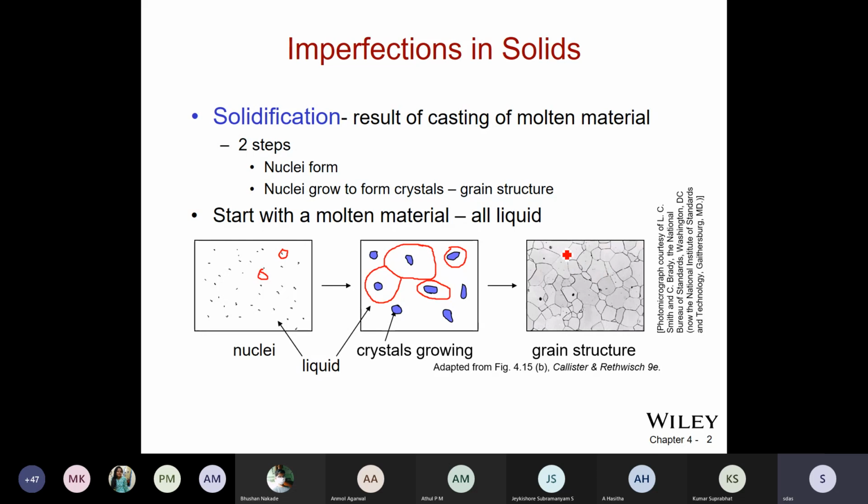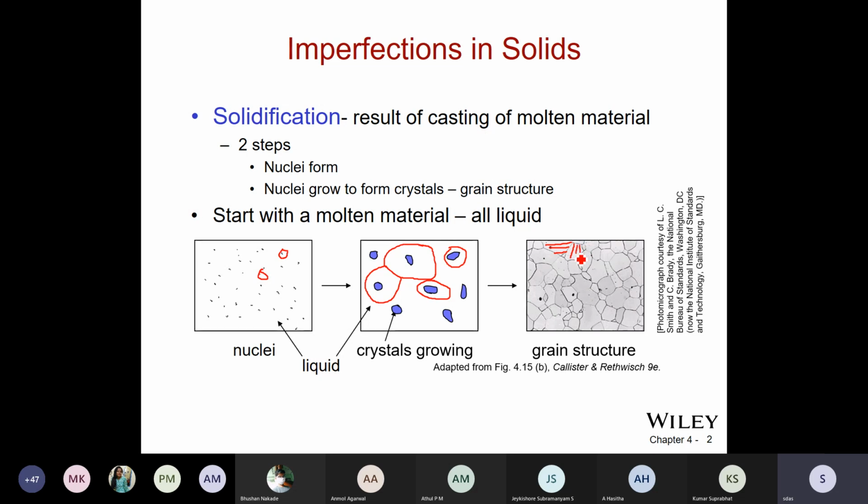And eventually you get a structure like that. This is the grain structure which was introduced to you in the lab class yesterday. Each grain is a single crystal, and each of them has an orientation of atoms. Atoms are arranged in a particular fashion, the same crystal structure, but the atoms are arranged in a different orientation.